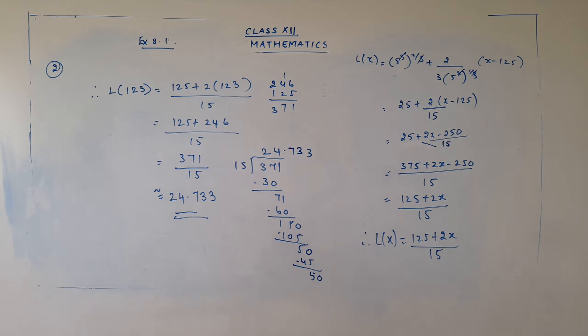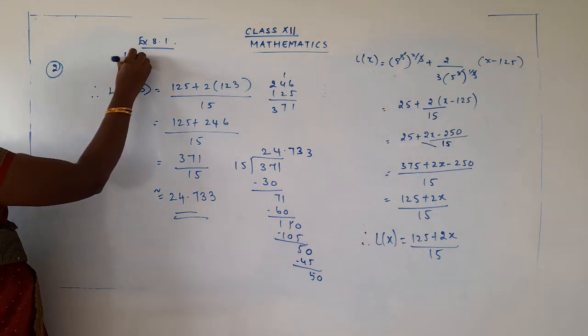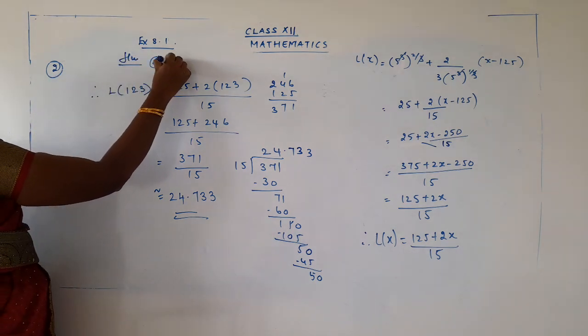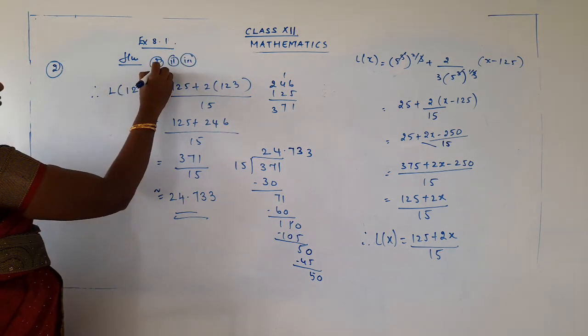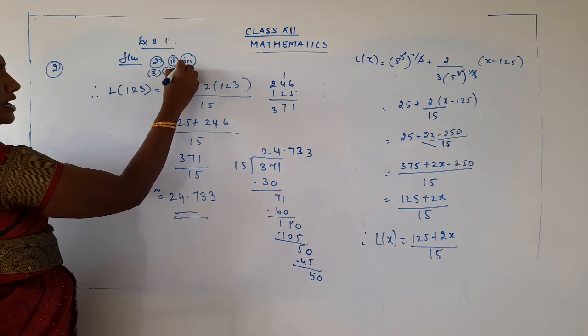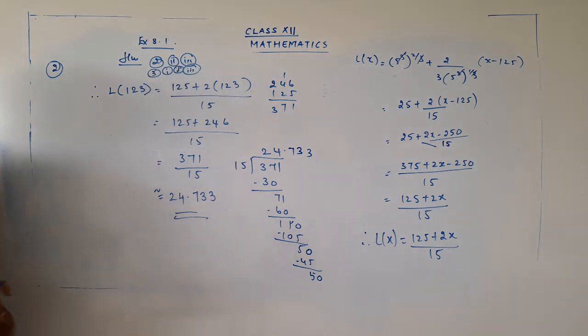Okay, I just wanted to give some homework. The homework will be from question number 2, the second subpart and the third subpart. You are going to complete these two sums as homework. Along with these, you are going to complete question number 3, first subpart, second subpart and third subpart, all the three subparts.